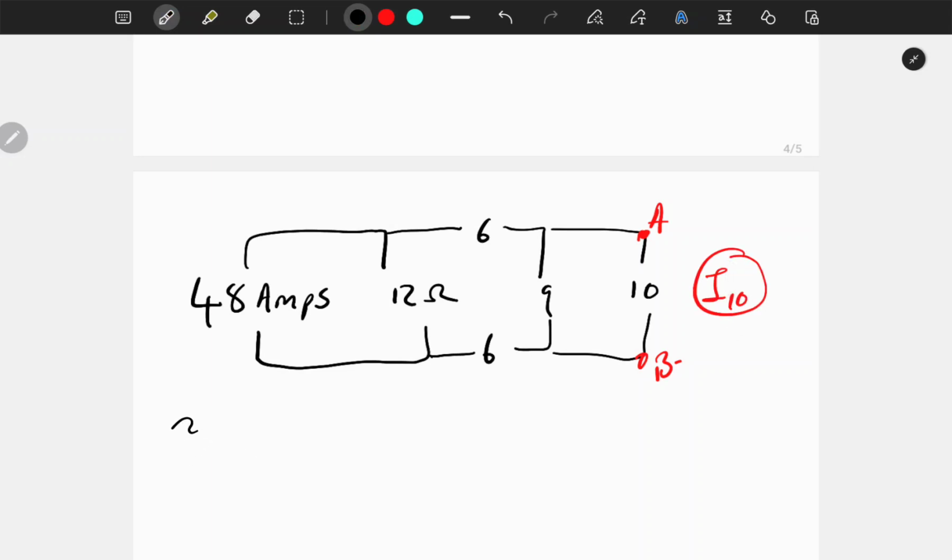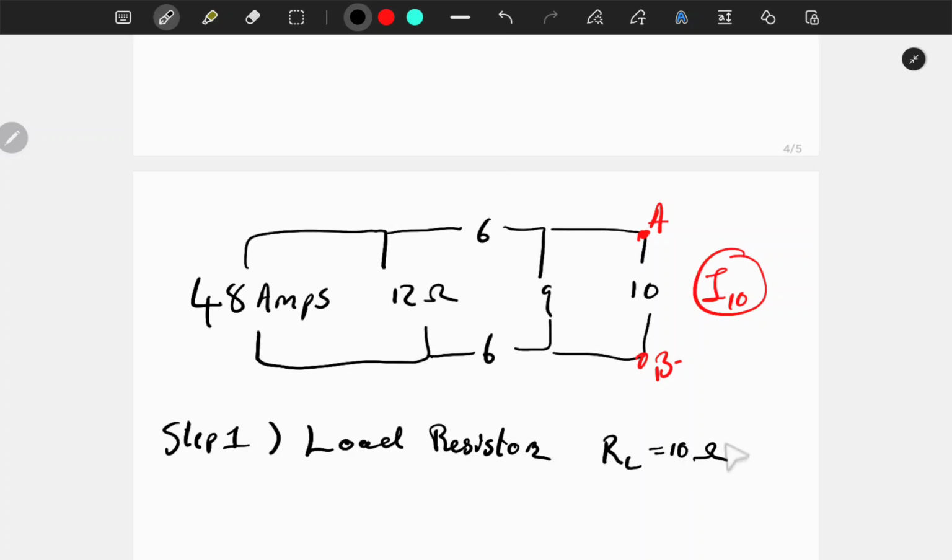So we're going to start step by step. So step 1 is load resistor, right? So our load resistor is going to be 10 ohms. So that is our 10 ohms for your load resistor.